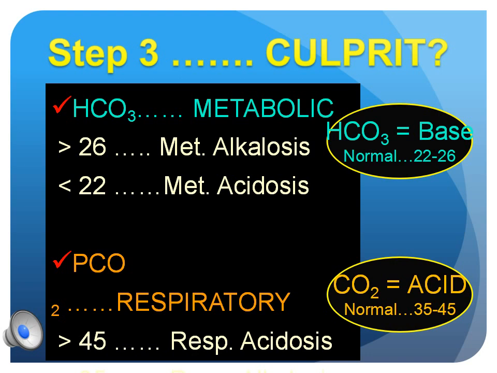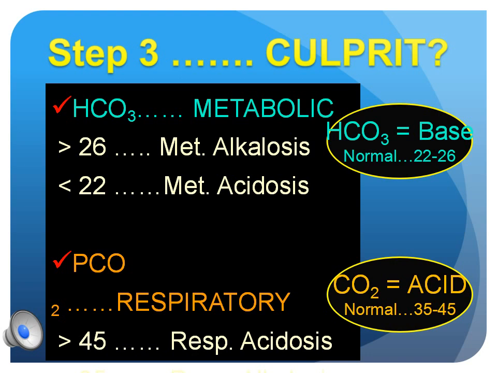So in the metabolic part, if you have HCO3 more than 26, it's a metabolic alkalosis. And if you have HCO3 less than 22, it's metabolic acidosis.